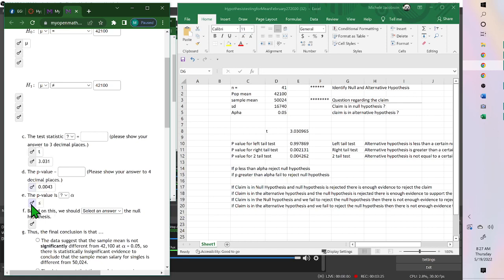Now you want to compare the p-value with alpha. And notice p-value is less than alpha. If p is less than or equal to alpha, reject the null hypothesis. So we reject.